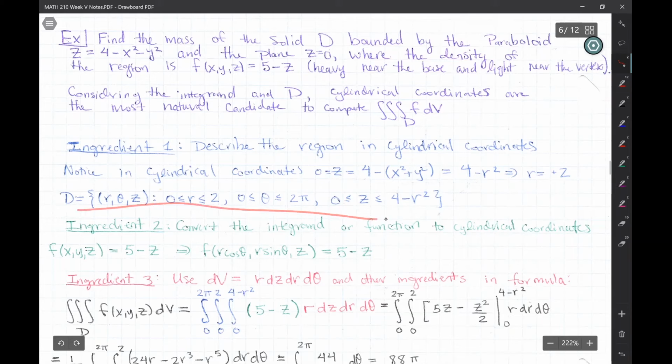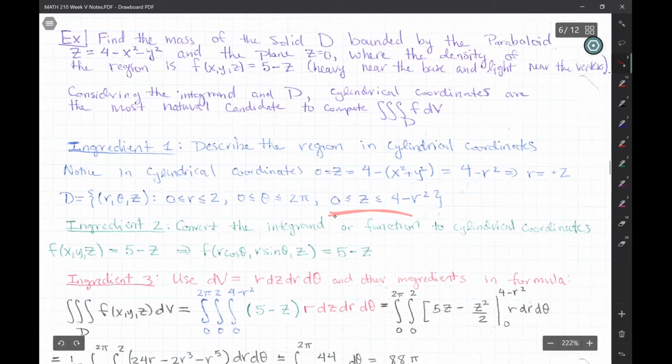So our domain of integration can be expressed in this manner in terms of cylindrical coordinates. R will be between 0 and 2. Theta 0 to 2 pi, because the paraboloid intersects at a circle, and so our region of integration for the double integral will be the disk of radius 2.